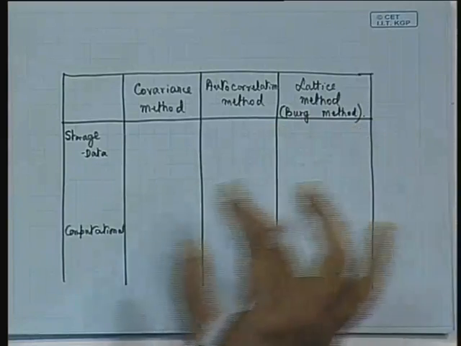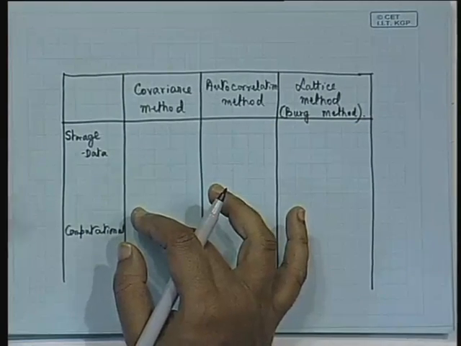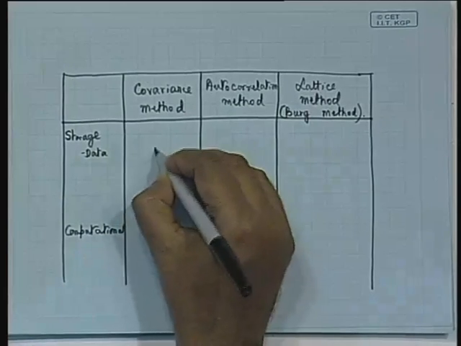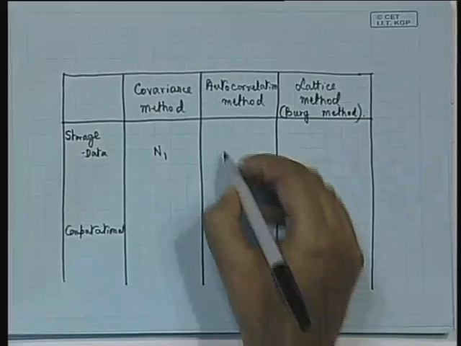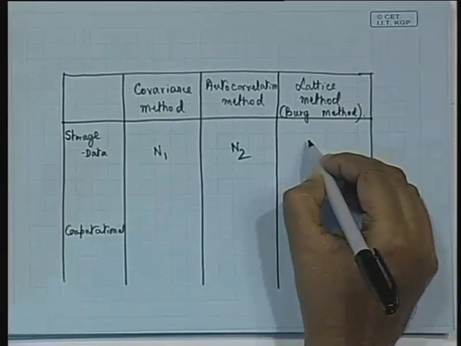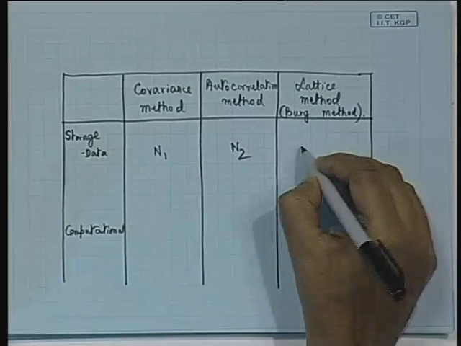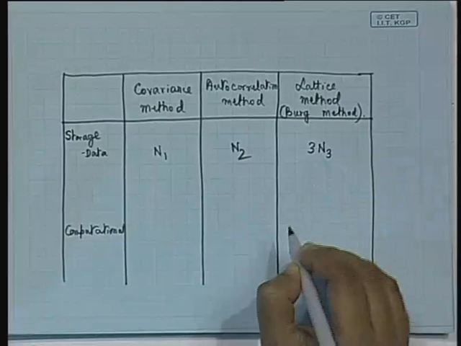So, let us call those things N, but because there are 3 methodologies, the number of points we will require may not be exactly the same in these 3 approaches. So, data wise, let us say the covariance method has N1 number of points, the autocorrelation method has N2 number of points, and the lattice method has N3 number of points, but in fact it will be 3 times N3.